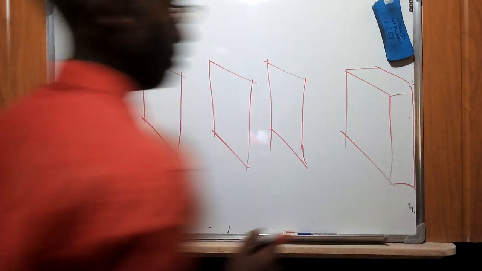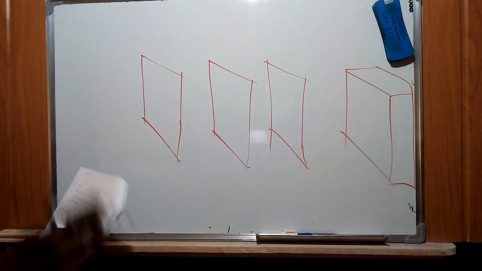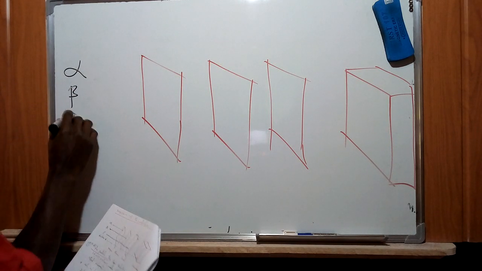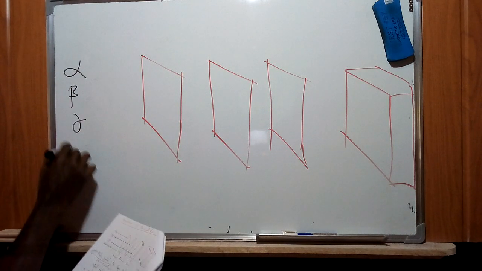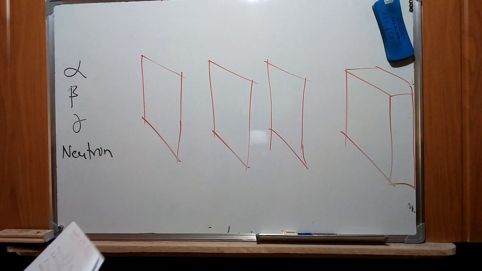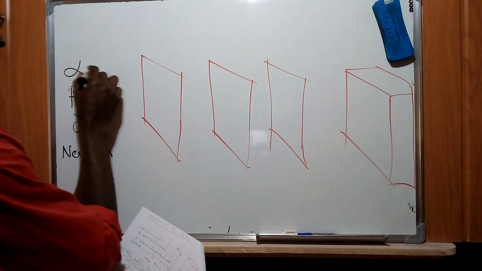It's just basically a block. So therefore, the first one, we have what we call the alpha particle, the beta particle, the gamma radiation, and the neutron. So I've not indicated the electron, but we just use basically these ones to represent a wide range of what we have talked about, the ones that have specific characteristics.